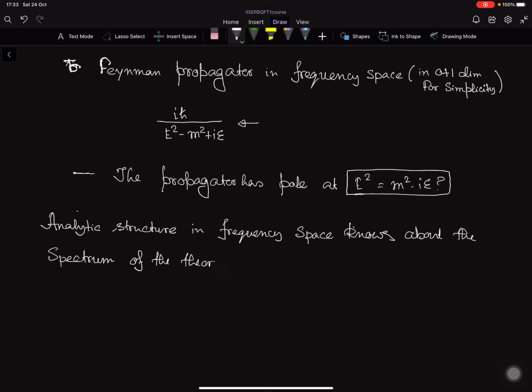This part of the discussion is true for any theory, not just necessarily a free theory. Of course, we can always go back to the free theory and simplify things.